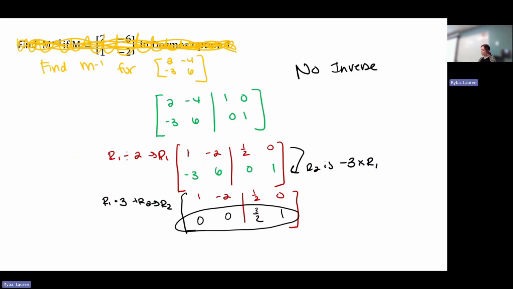One row is an exact multiple of the other, so you cannot have an inverse. That entire row is going to cancel out, making a bunch of zeros, so it does not, in the end, have an inverse. Just like when we were solving systems, if we got 0 equals a number, we said it doesn't have a solution. There's no way to make 0x plus 0y equal 3/2 and 1. You can't do that.